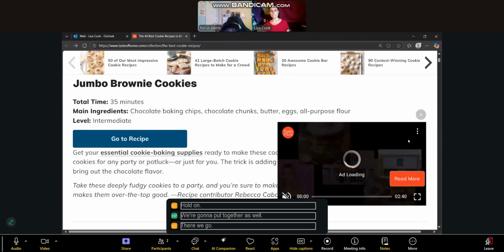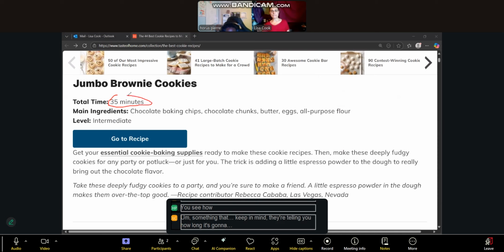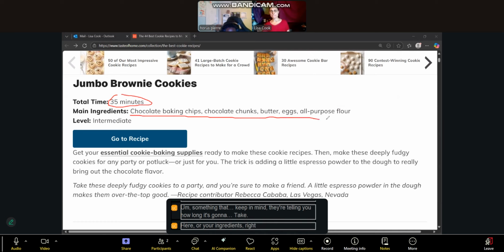I'm sorry. Something to keep in mind, they're telling you how long it's going to take. Here are your ingredients, right? And this tells you how hard it is. Something like Rice Krispie treats would be extremely easy. This one takes a little more skill, okay? So what can we say about this particular one?